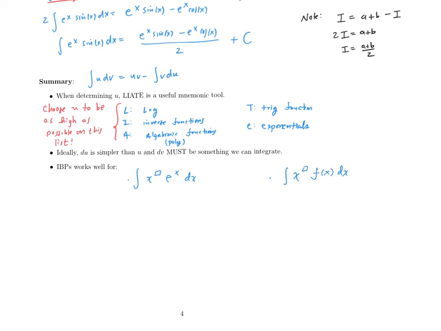There's never any guarantee that integration by parts will work in this scenario, but it's certainly an option that's worth considering. It works well when you have x to a power times a cosine or a sine. And we've also seen that it works really well for an exponential times a trig function, like sine or cosine.